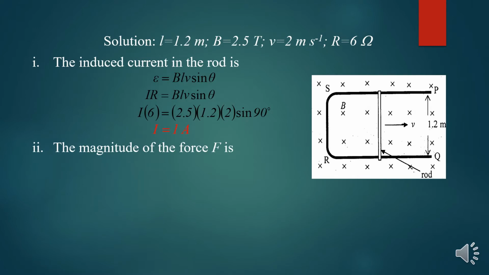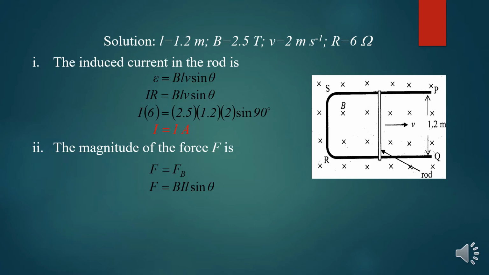Okay, for the next question, the magnitude of the force. We need to calculate the value of the force. By using the equation for magnetic force, the force required to move the straight conductor to the right is F equal to FB, where FB equal to BIL sin theta. Once again, substitute the value of B. What is B?